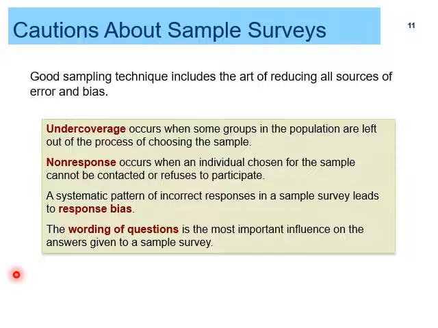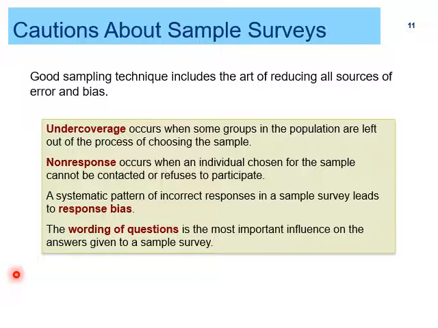We should be cautious about sample surveys. Good sampling techniques include the art of reducing all sources of error and bias. Undercoverage occurs when some groups in the population are left out of the process of choosing the sample. Non-response occurs when an individual chosen for the sample cannot be contacted or refuses to participate.